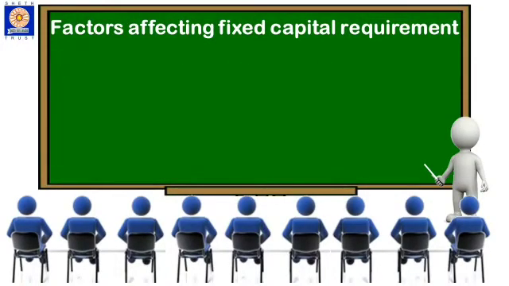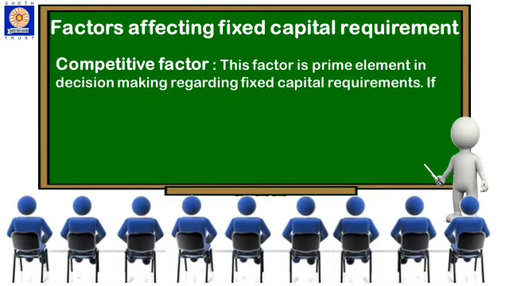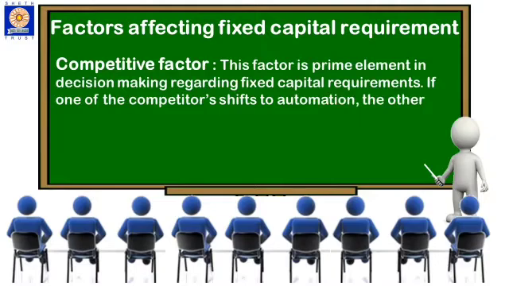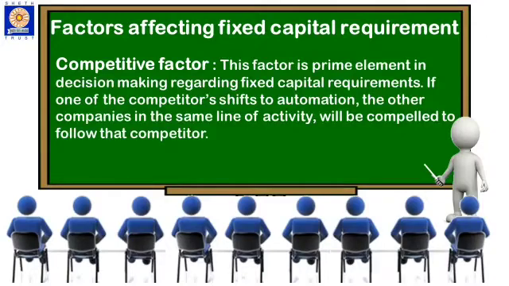Our next point is competitive factor. This is one of the important factors which affects the fixed capital requirement. I would like to explain this factor by giving an example. Suppose there are two companies, company A and company B, and they have a similar line of product.